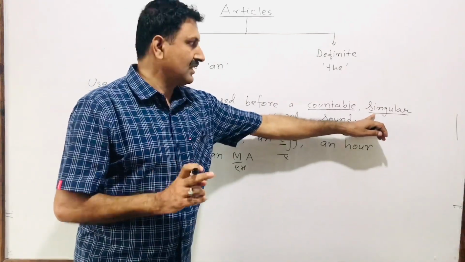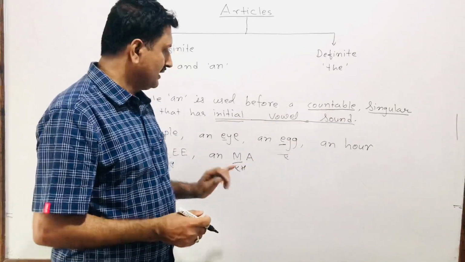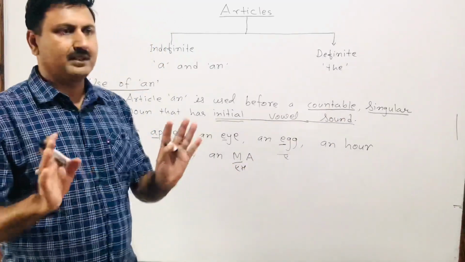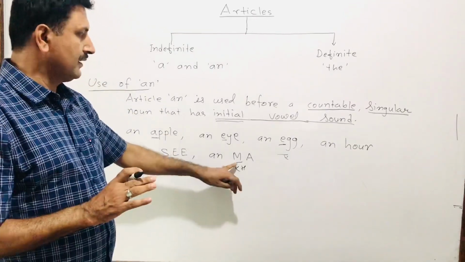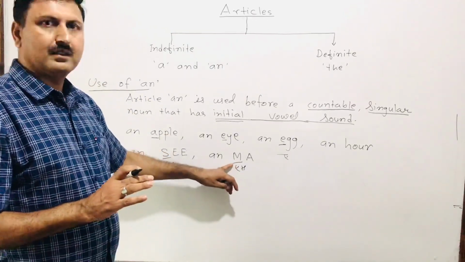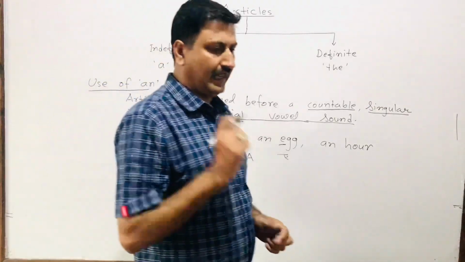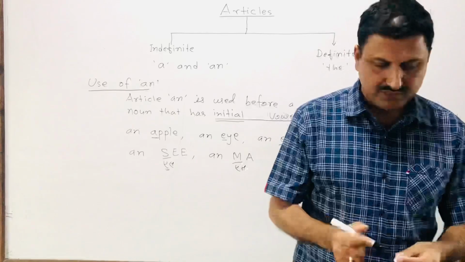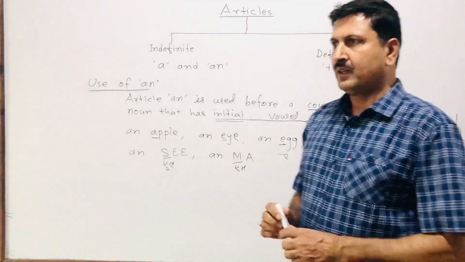A person means singular. A person, two persons, countable, and it has a vowel sound at the beginning. That is why it is an example of article AN. Example of the word in which we can use article AN.